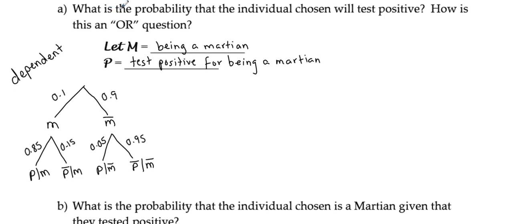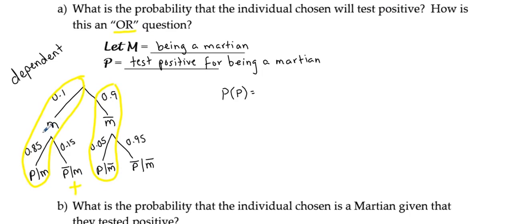So the question says, what is the probability that the individual chosen will test positive? So we are looking for the probability that they are going to test positive. So there are two branches in which the person will test positive. They can be a Martian and test positive, or they could be a human and test positive. So that's why this is an or question, because we have two cases.